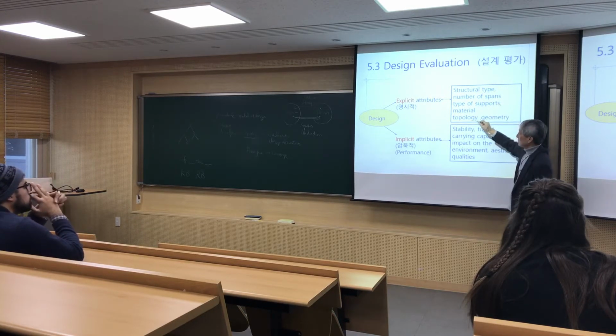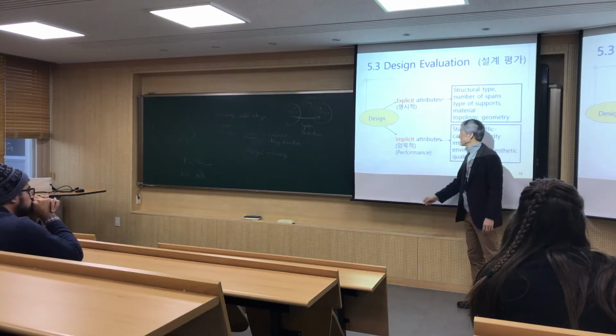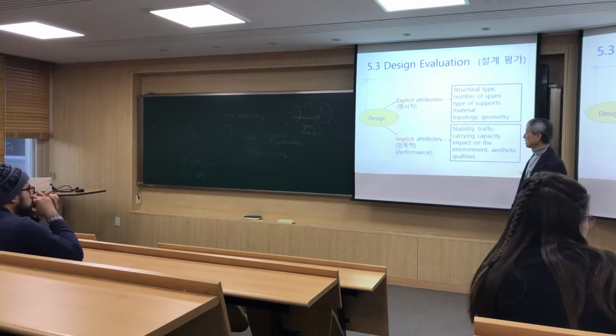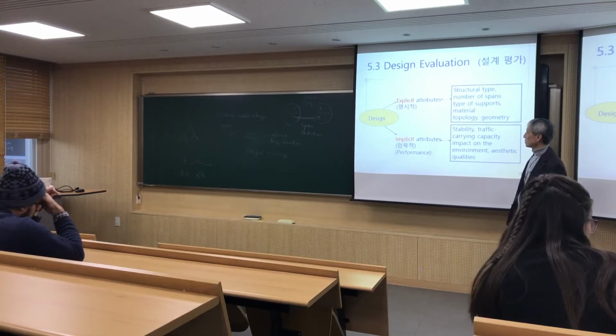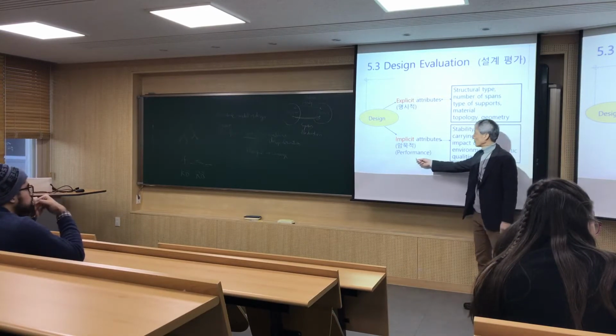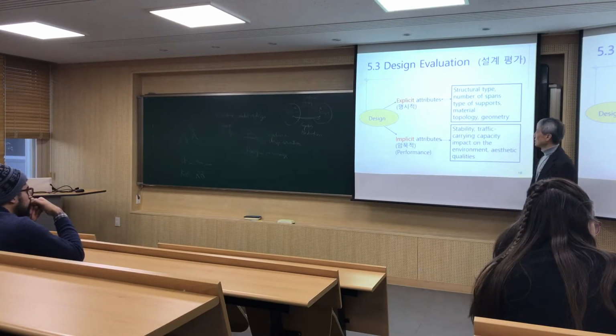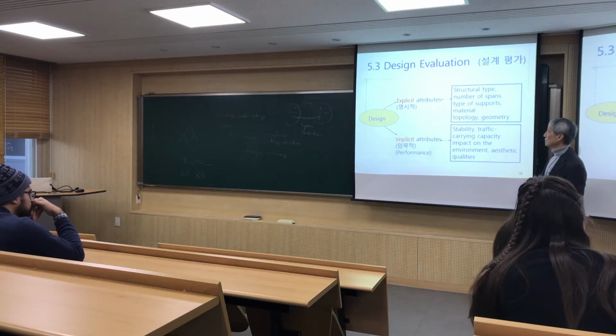But there are also implicit attributes not shown in the drawing. So usually it can be a performance of that design. So you should have tools to interpret or predict their performances.